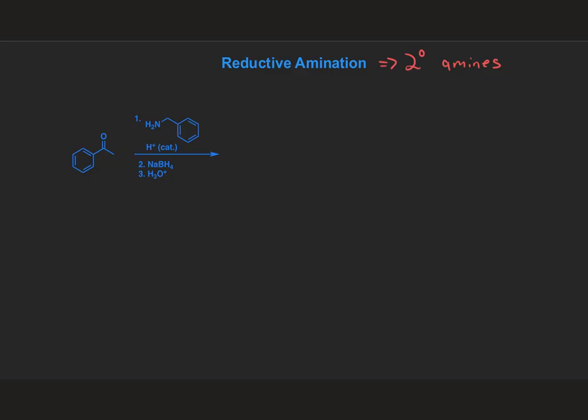And so if we take these two things together, I'm going to sort of chop this oxygen off and stick this nitrogen where it was. And so that's going to form this compound here. And that's the end of step one of this reductive amination synthesis.